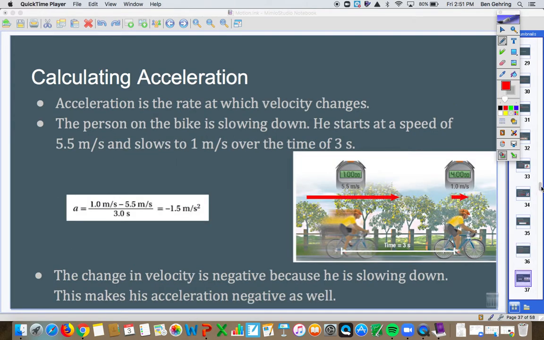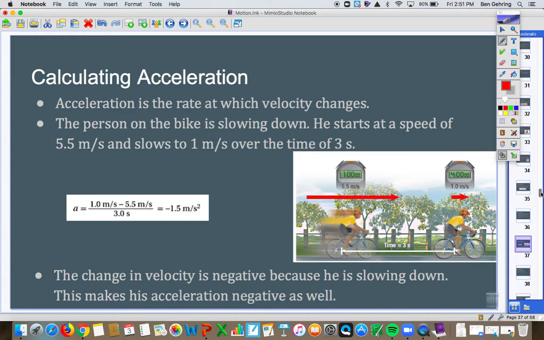So here's an example: you have a person on a bike. If acceleration is the rate at which velocity changes, the person on the bike is slowing down. He starts at a speed of 5.5 meters per second and slows to 1 meter per second over the time of 3 seconds. It went from 1 second to 4 seconds, so there's my 3 seconds.